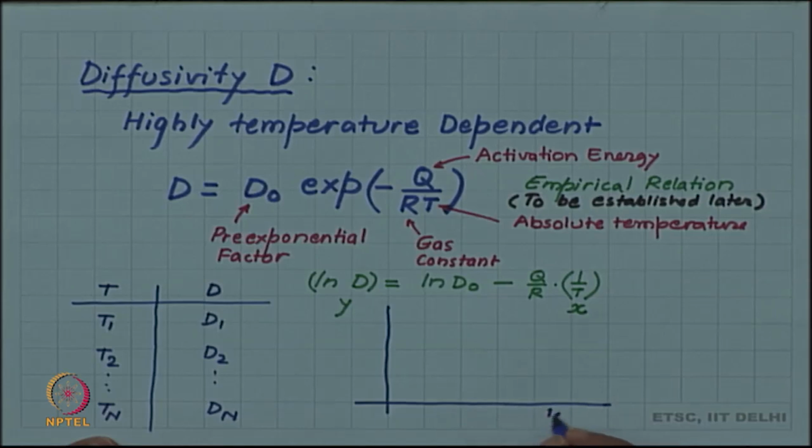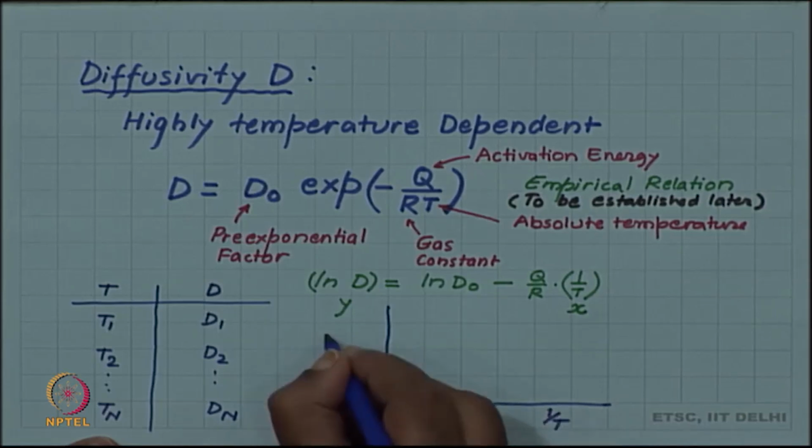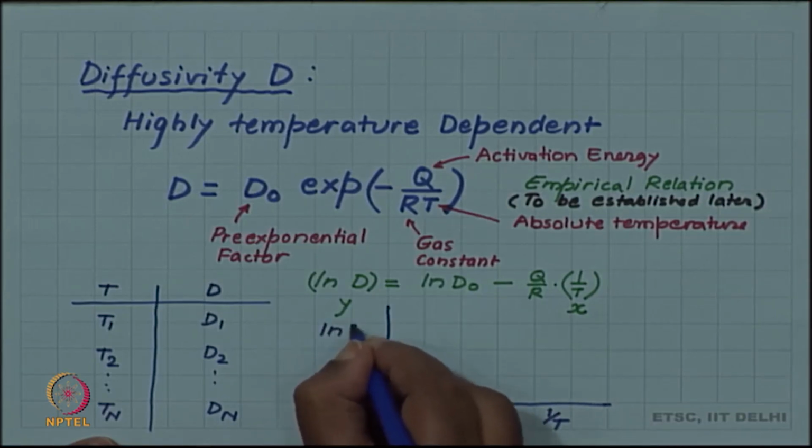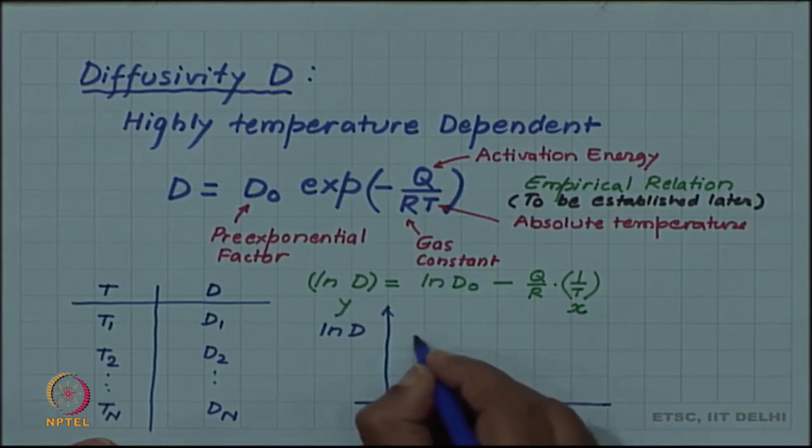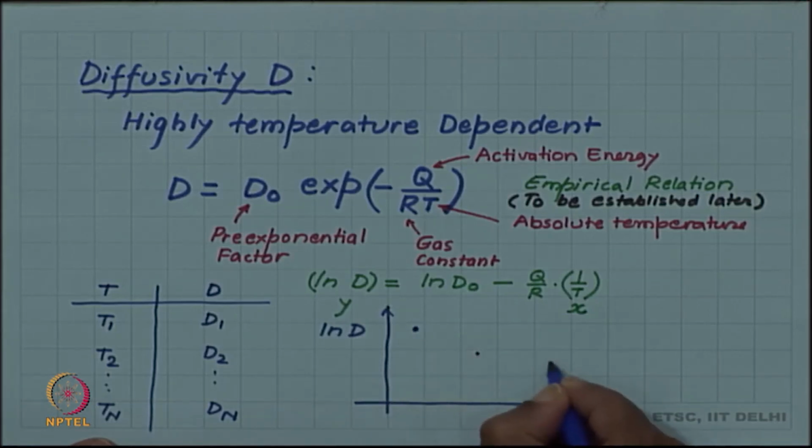So, if the x axis is 1 by T and the y axis is log D in my plot, and I plot this data of diffusivity versus temperature, then these data should give me a straight line.